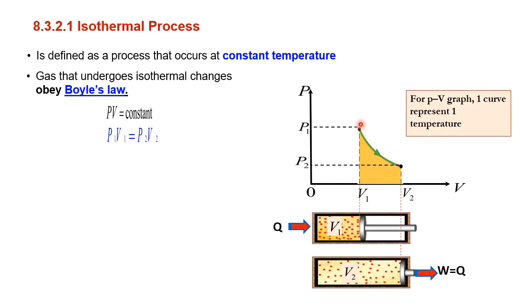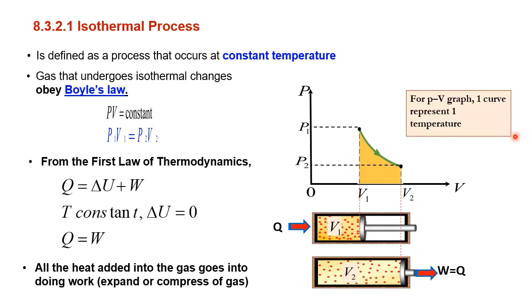This curve represents an isothermal process, and it has a value of temperature. Now let us relate this process with the first law of thermodynamics equation. So this is the equation.